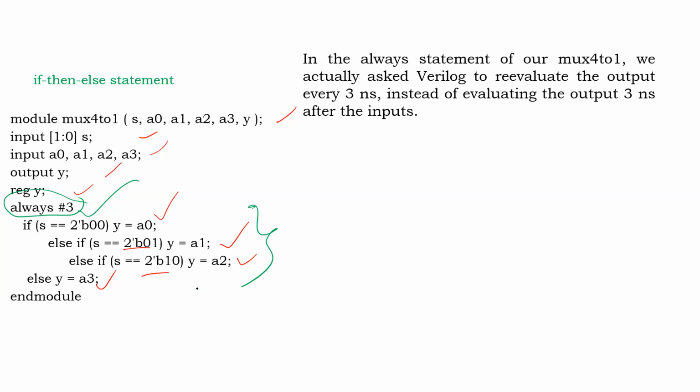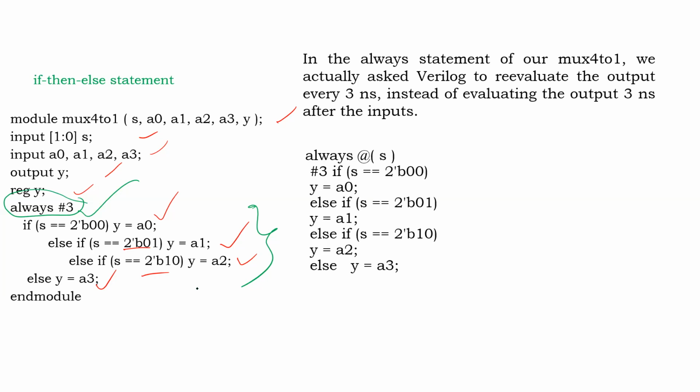So the output is calculated or displayed after every 3 units of time, because the 3 is added to the always line. Every 3 nanoseconds this block will be executed once, and a new output value is assigned.